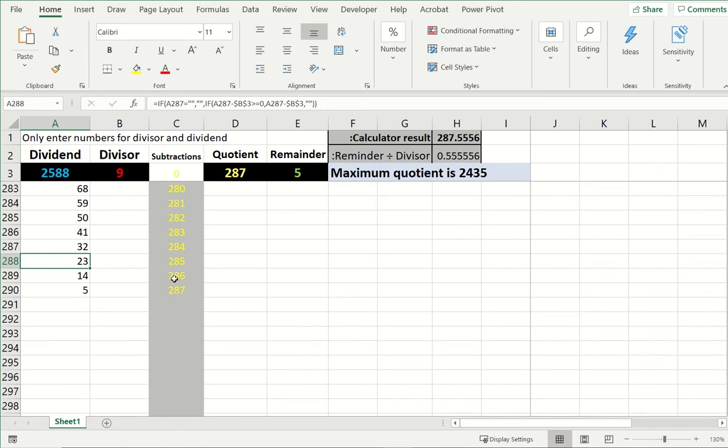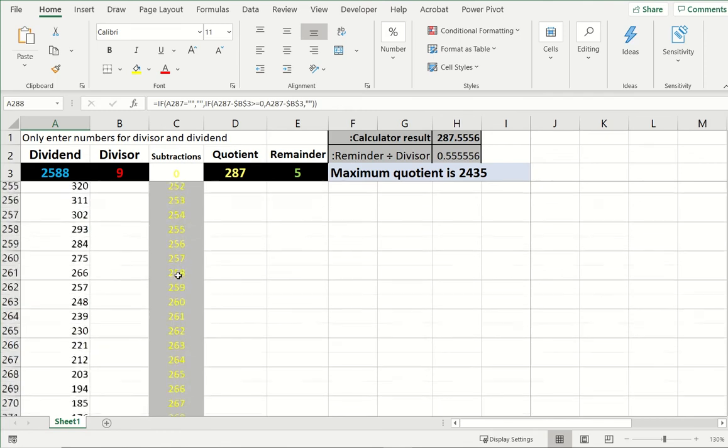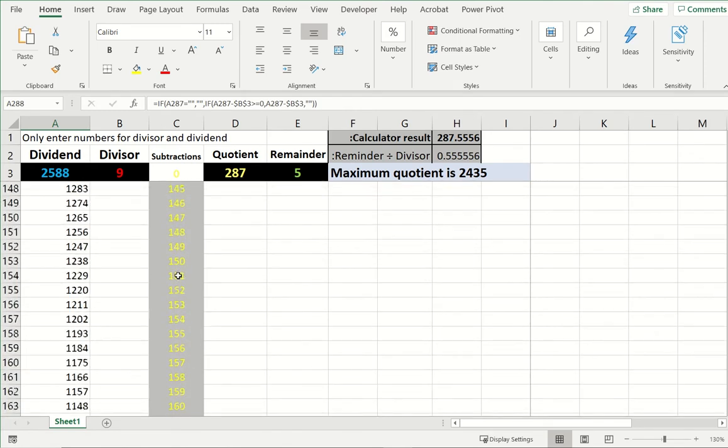So as a little hint to what we're going to do later on, I personally wouldn't want to count 287 subtractions. So you might look at, say, take away 100 subtractions, if I can just scroll up. So once we've taken away 100 subtractions, we've got 1688, which is 2588 minus 900.